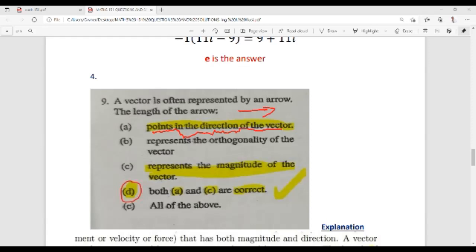A is saying it points in the direction of the vector. And C is saying it represents the magnitude of the vector. And so the answer is both A and C. So why is that the answer? Let me explain.